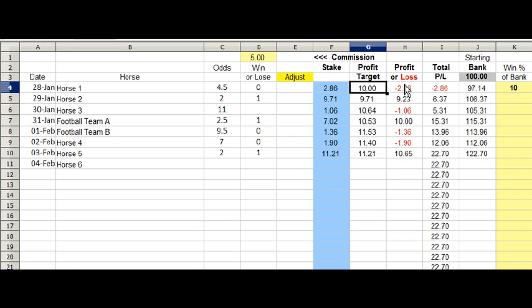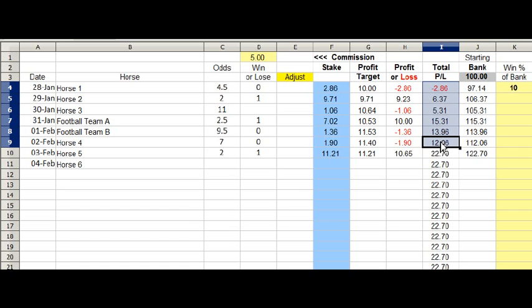If you hit a loser or a winner, your profit or loss is shown here, and these are added together and totalled in column I. And as your bets and lays progress, your bank will go up and down, and this is the size of your bank shown in column J.